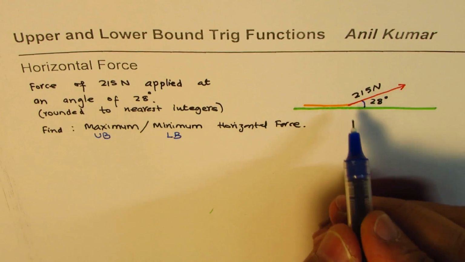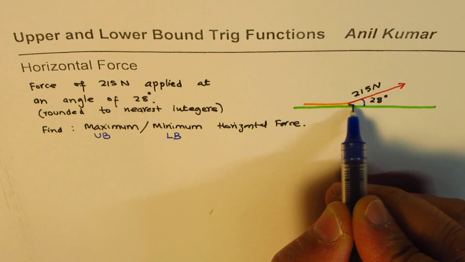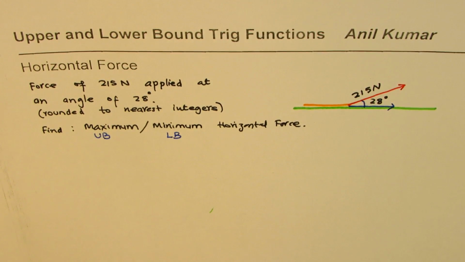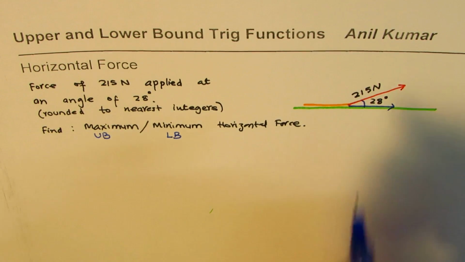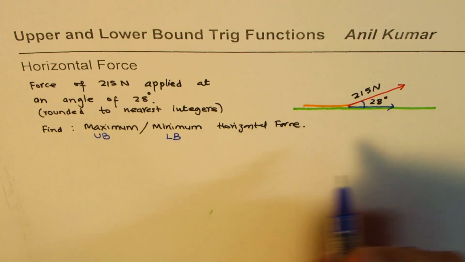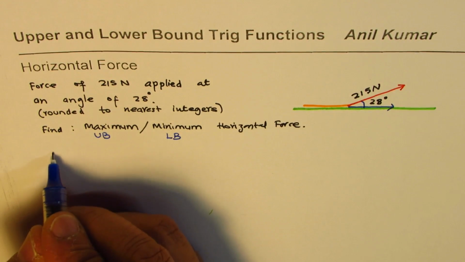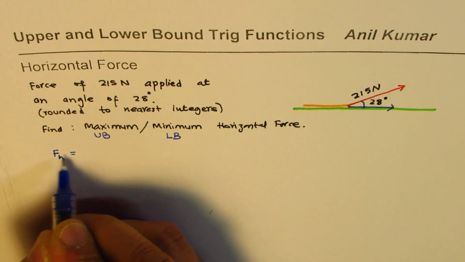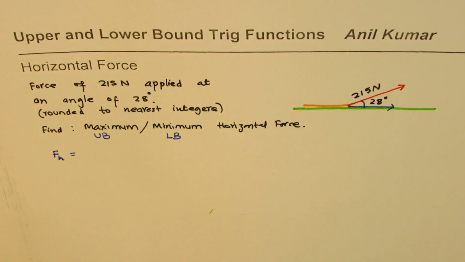Now the horizontal component is the component which is along this ground. So let's assume this to be an even ground. So that is the component. Now this force, let me call it force F, and the horizontal force, let me write F of H, FH. This is my horizontal force.